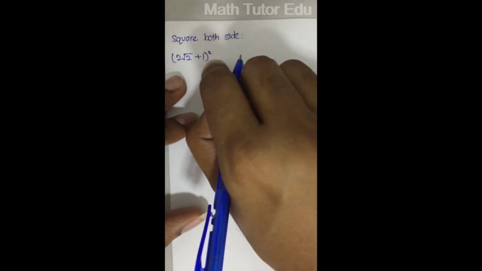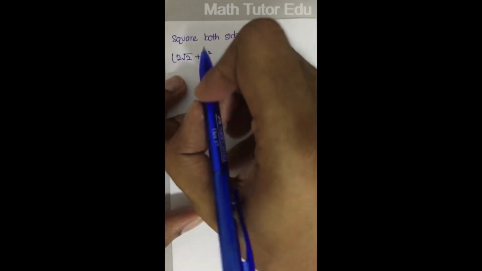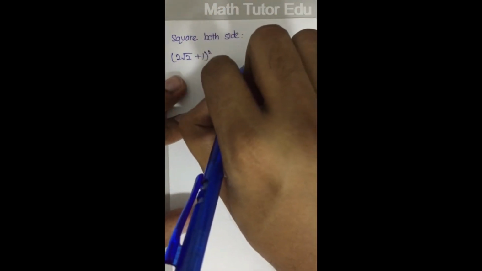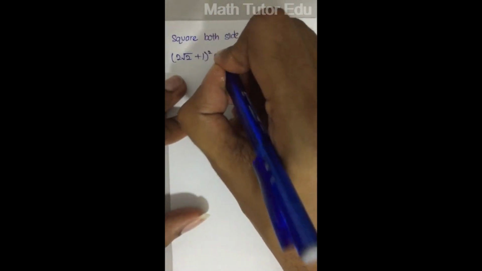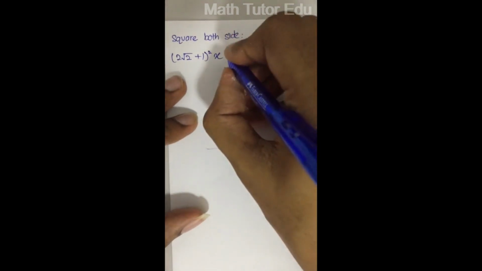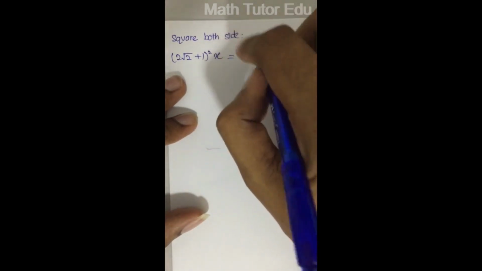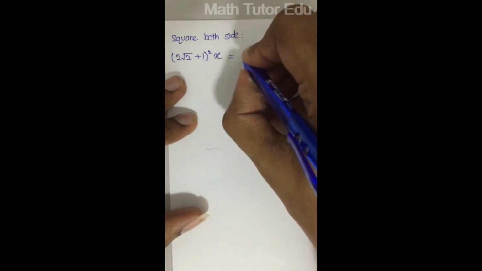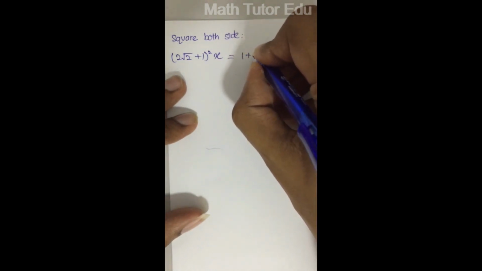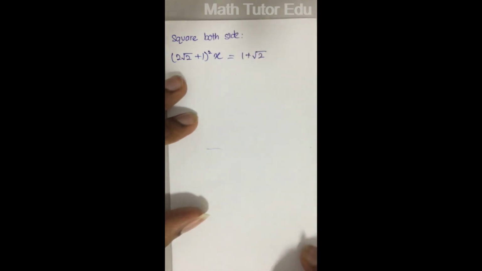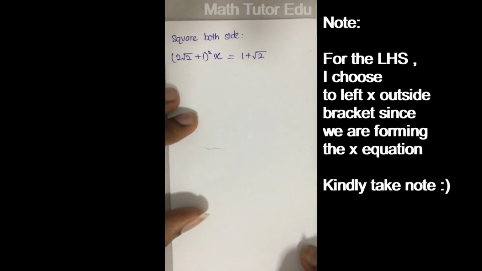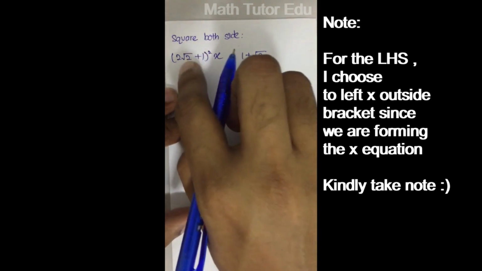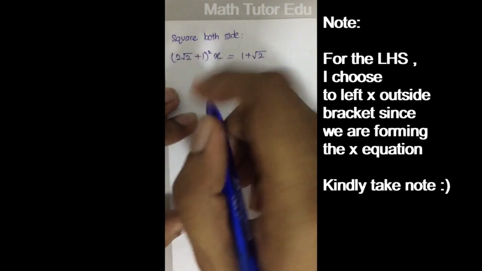When you square both sides, your left hand side will be (2 surd 2 plus 1) square, and your surd x will become x over here. Then equals, from the square root of 1 plus surd 2, you are only left with 1 plus surd 2. So from here, let us expand this bracket.